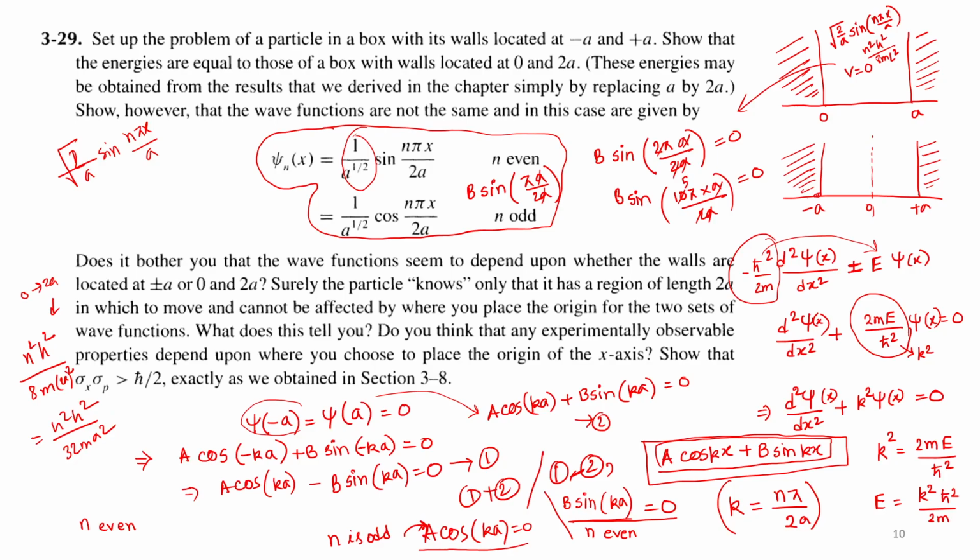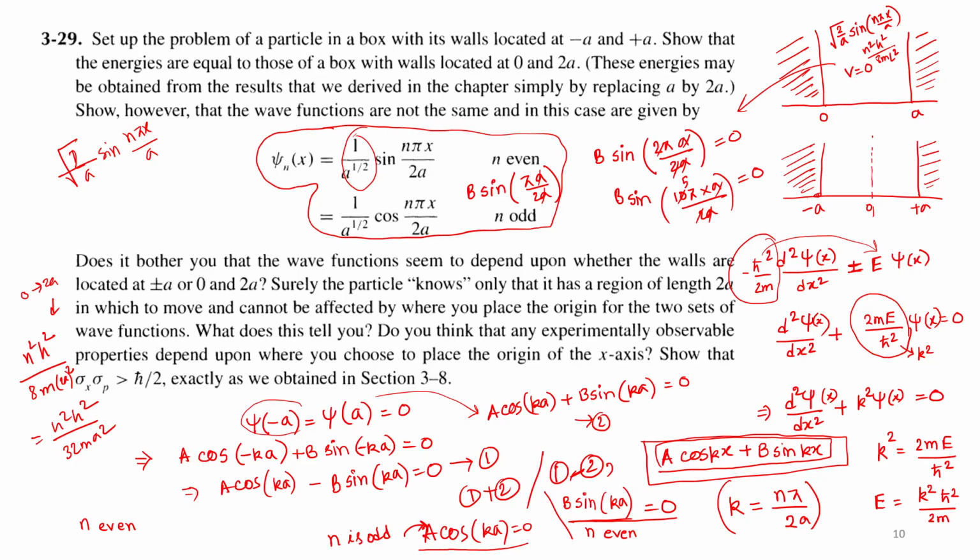Actually, the question says, does it bother you that the wave function seems to be dependent upon whether the walls are located at plus minus a or 0 and 2a? Because the particle really doesn't know where it is. We are just giving it the boundaries. You don't know what actually your origin is.